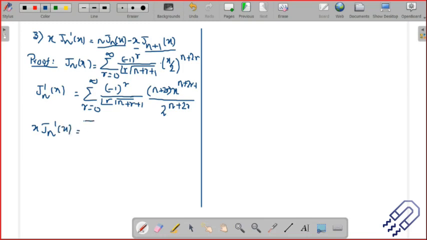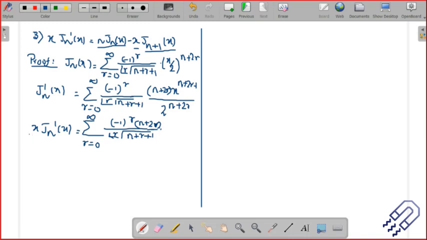Now what I have is summation r equal to 0 to infinity, (-1)^r. You'll keep writing these things again and again, no other option. So gamma of (n + r + 1), this is (n + 2r), so I will keep this here, and then we have x to the power n + 2r - 1.